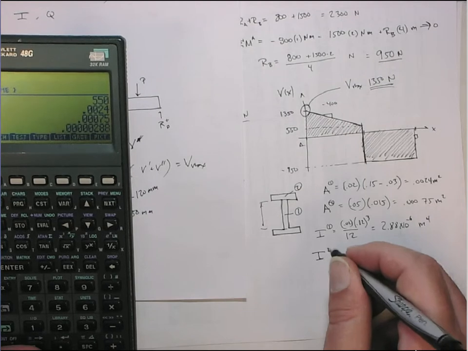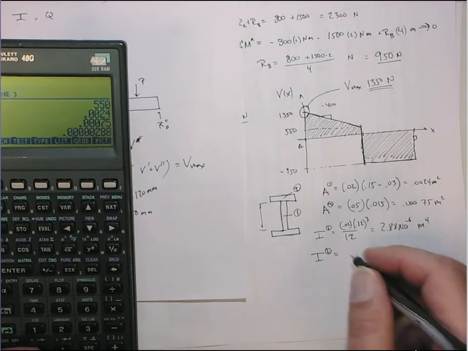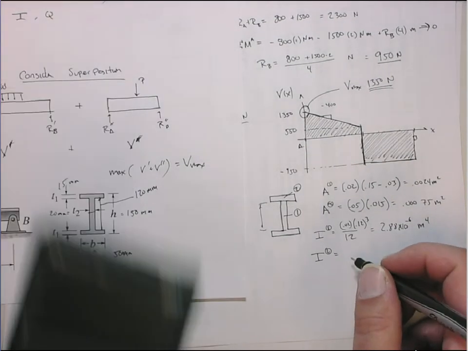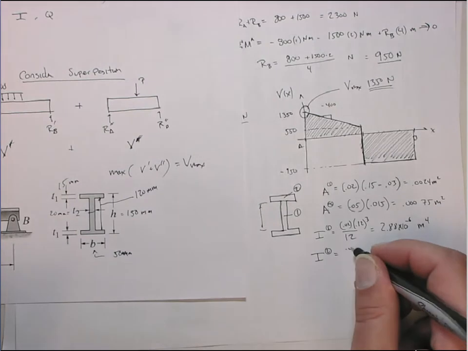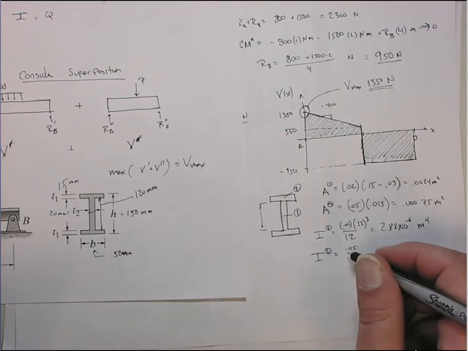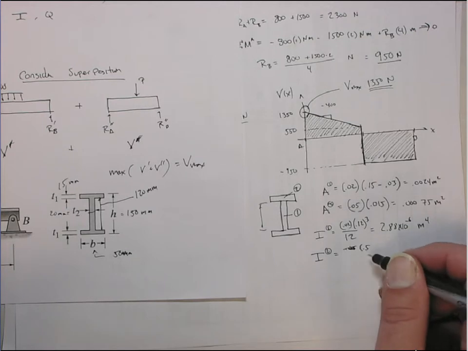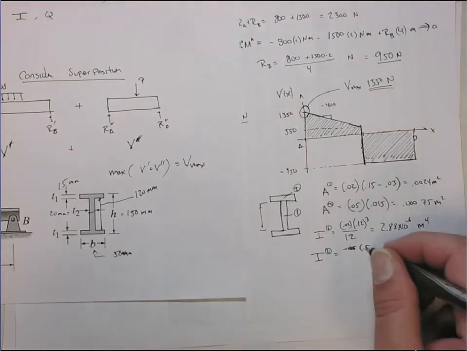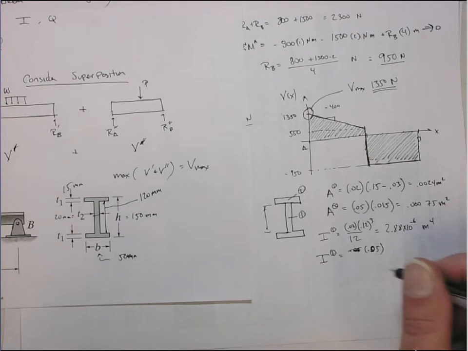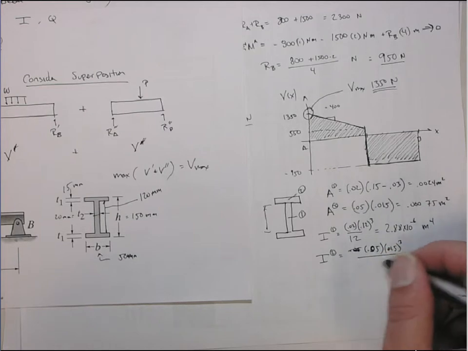The I of the flange is going to be its base, which is 0.05, that's the base. Its height is the 0.15 cubed over 12. And then we have to shift by parallel axis.